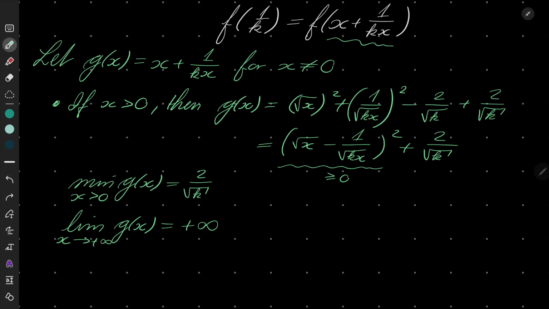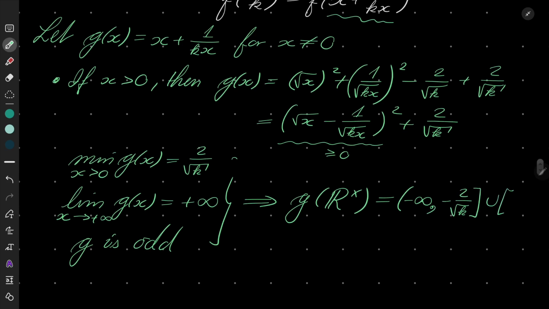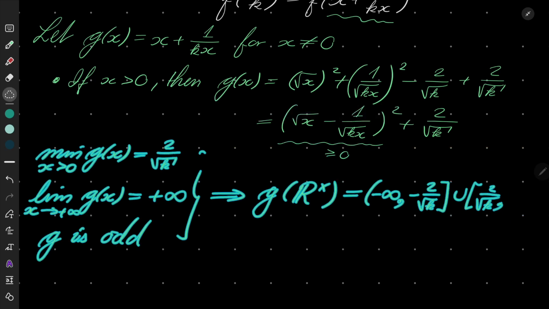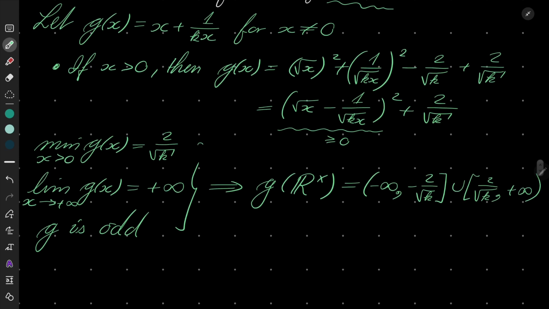It's visible that we have only odd powers of x, so g is odd, and these three facts imply that the image of our function is minus infinity to minus 2 over square root of k, union 2 over the square root of k to plus infinity. Okay, very nice.